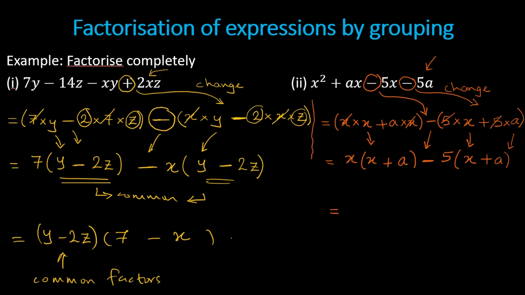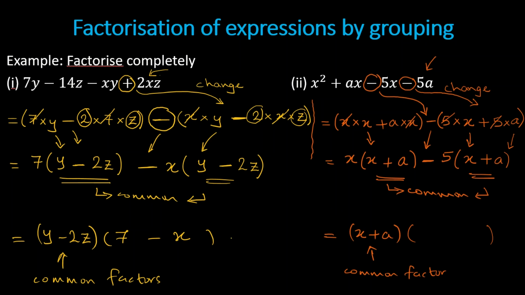Now if we observe, we have x plus a, x plus a. So x plus a is our common factor, and as you already know, common factors have to be outside. So x plus a is common. We are left with x minus 5. So this is it.